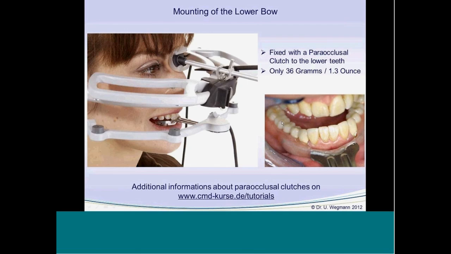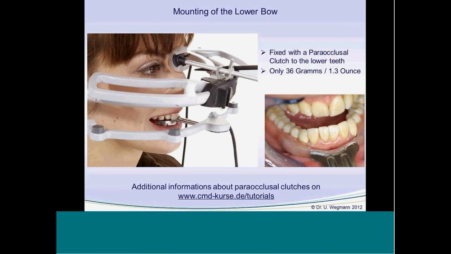Why do I prefer this? I want to do the registration of the movement under the guidance of the teeth. The teeth surface has a functional design, and that's what I want to transfer to the articulator.